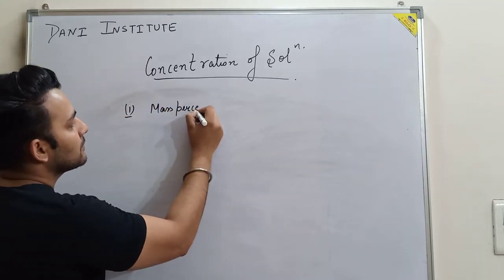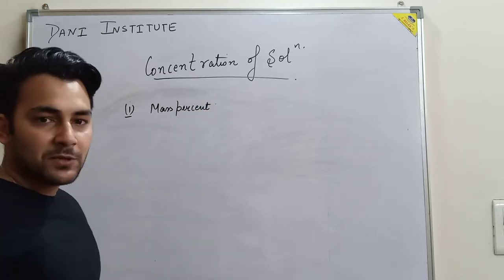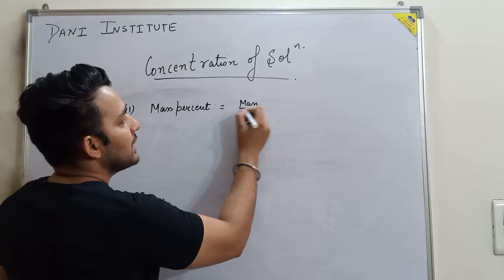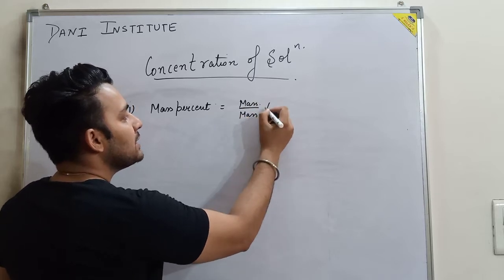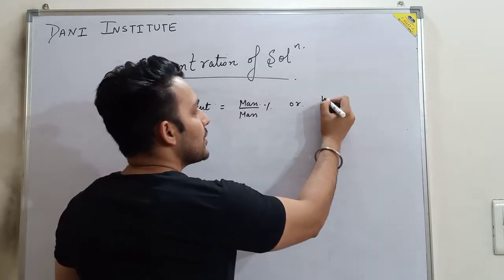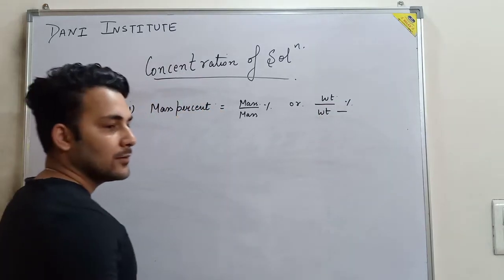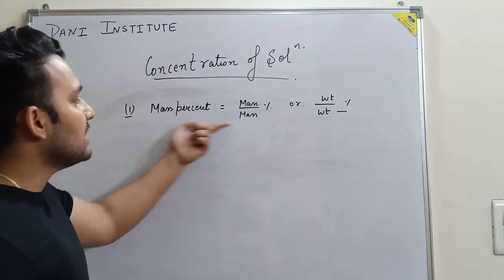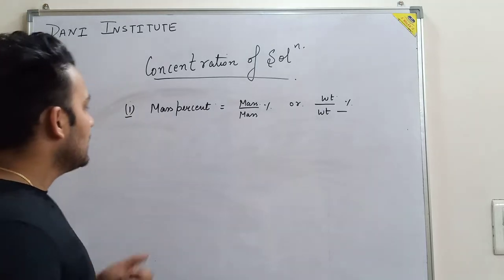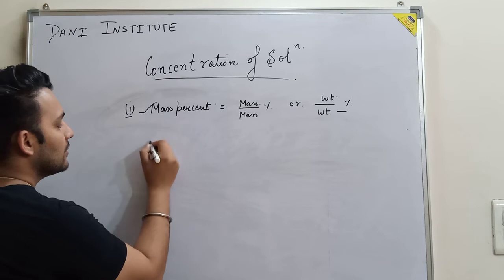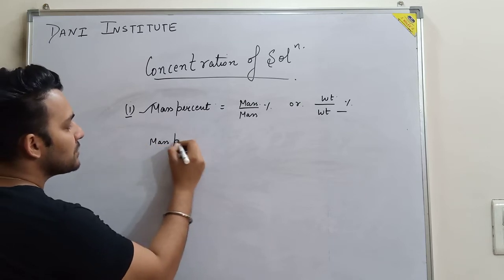Mass percent, or we can say mass by mass percent, or we can also say weight by weight percent. So these are the representations of the formula. What is the formula to find the mass percent?